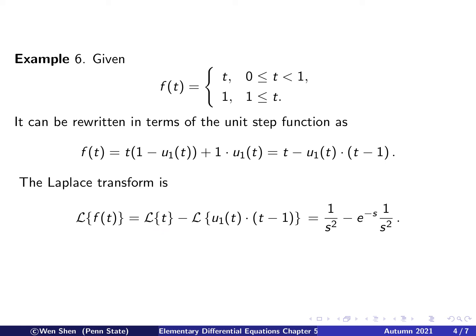So the Laplace transform of t is 1 over s squared, minus the Laplace transform of that, which is first the shift e to the negative s, and then the Laplace transform of t again is 1 over s squared. Okay, so here's another example of applying the shift theorem, and this is a simple example because after manipulation from this form you can easily figure out the unshifted function.